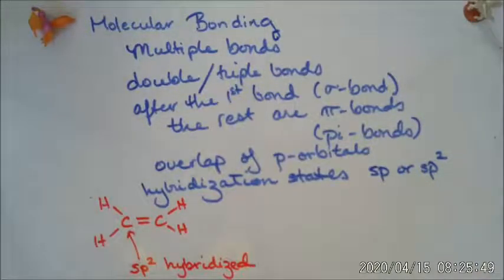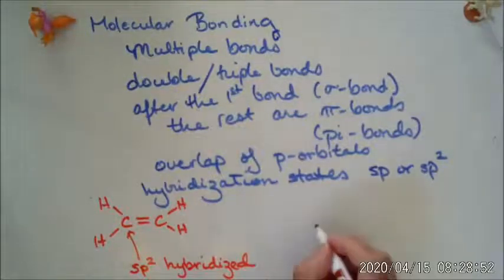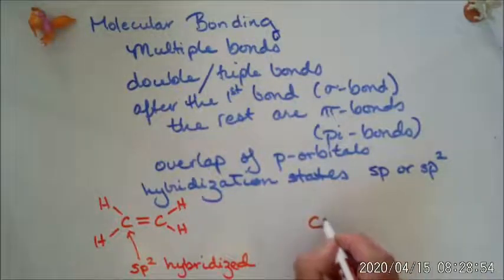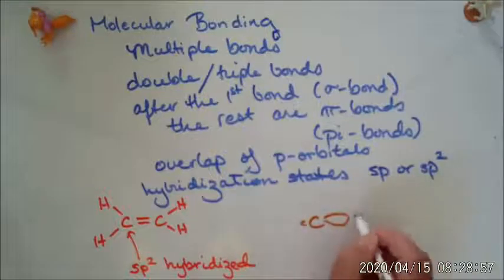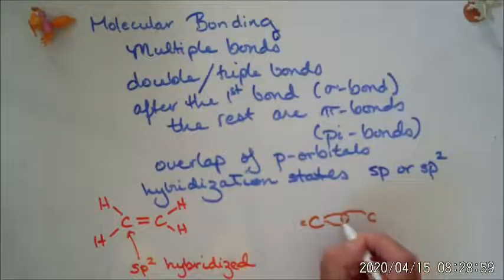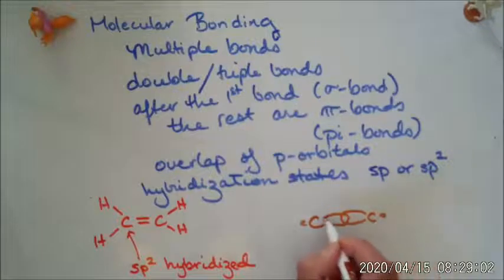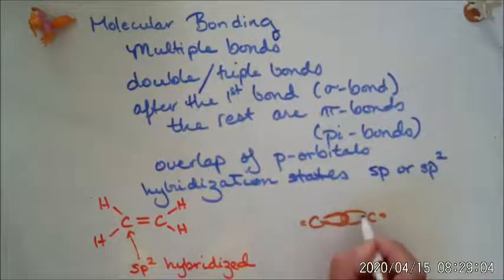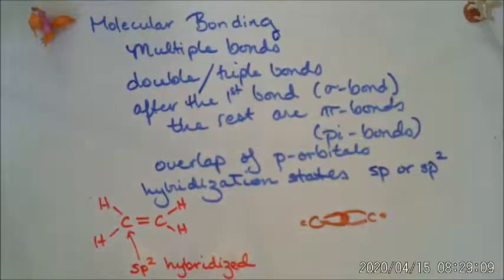So if I draw the carbons, these carbons are sp2 hybridized. So let's first draw our sigma bond. So here's my carbon. And I don't know if this drawing conveys it or not, but these should be a little bit less long than the sp3 because they have more s character to it. So that's my sp2.